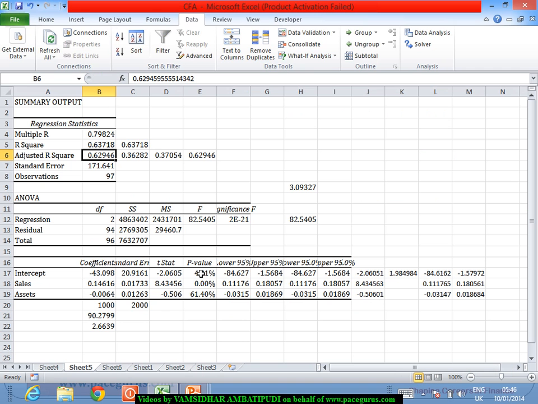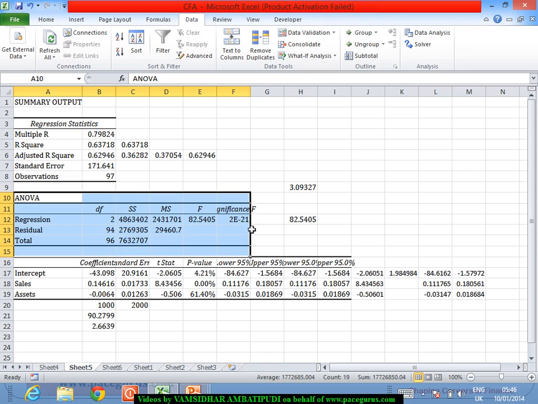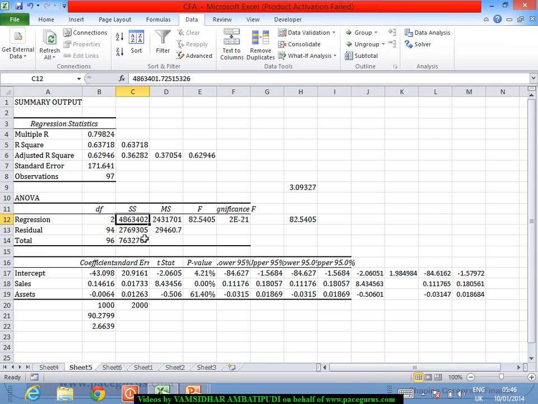So one more thing out of this table, this is the ANOVA table, which indicates the relationship between the regression sum of squares and residual sum of squares, taking it to whether the model is statistically significant overall or not.